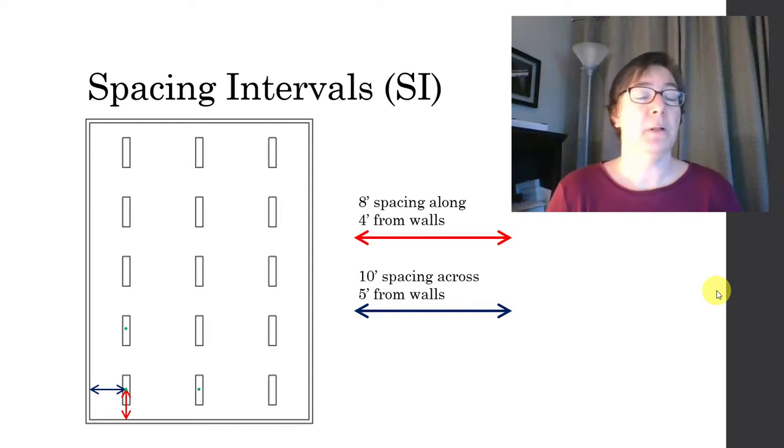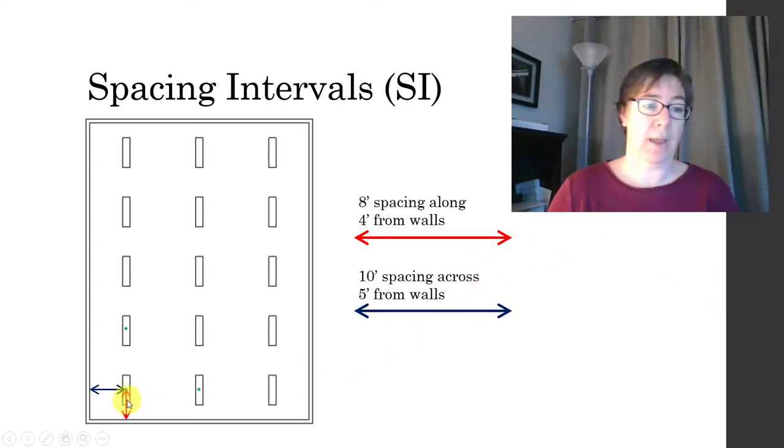For our example, what does that look like? In the along direction or the parallel direction, we calculated an 8-foot center to center distance. That means you want your fixture at least 4 feet away from the walls in the along direction, and that's shown here with this red arrow.